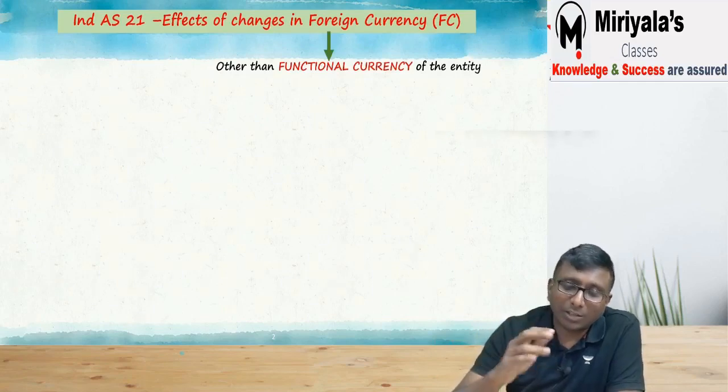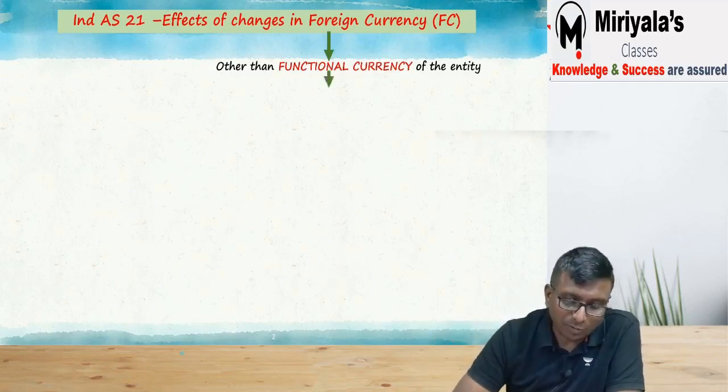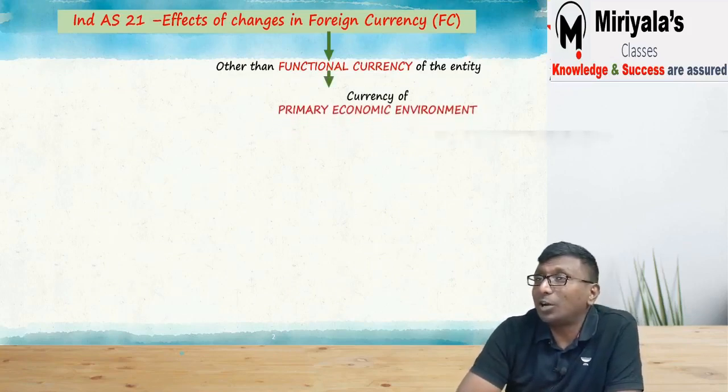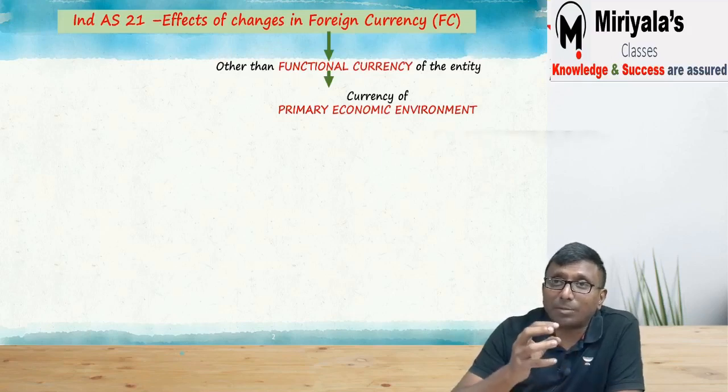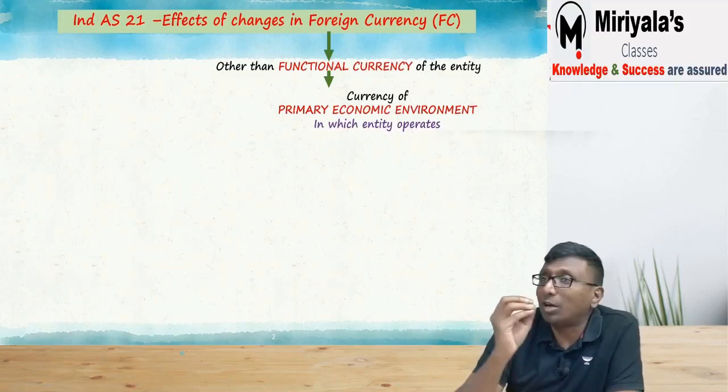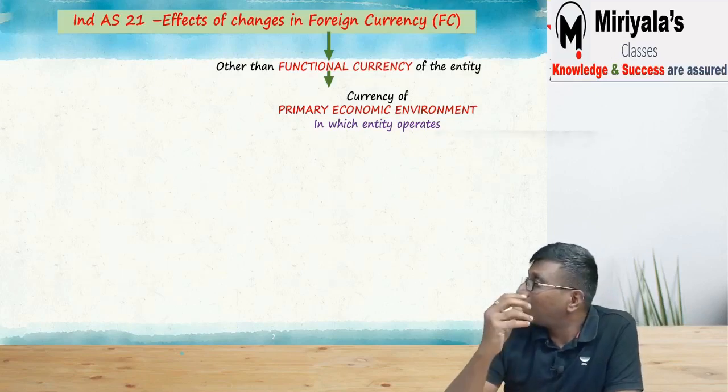Again, what is the functional currency? First, the basic definition: it is the currency of the primary economic environment in which you do business, in which your company operates. What do you mean by primary economic environment?